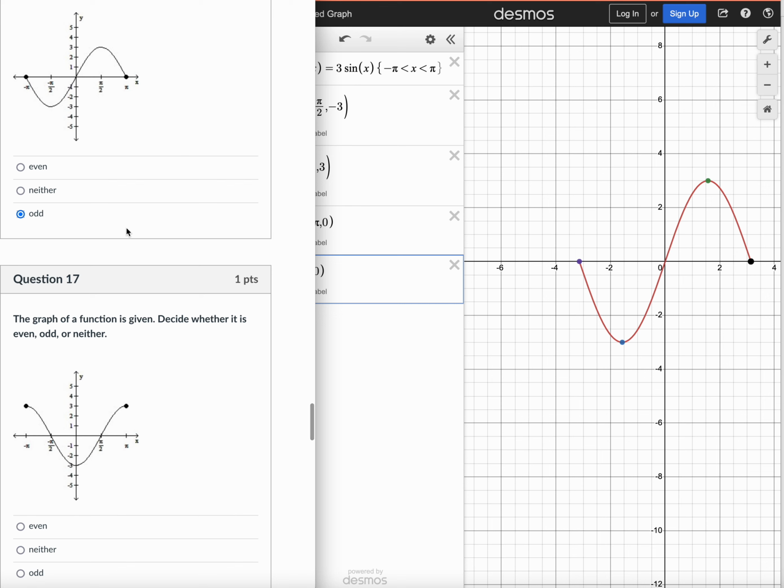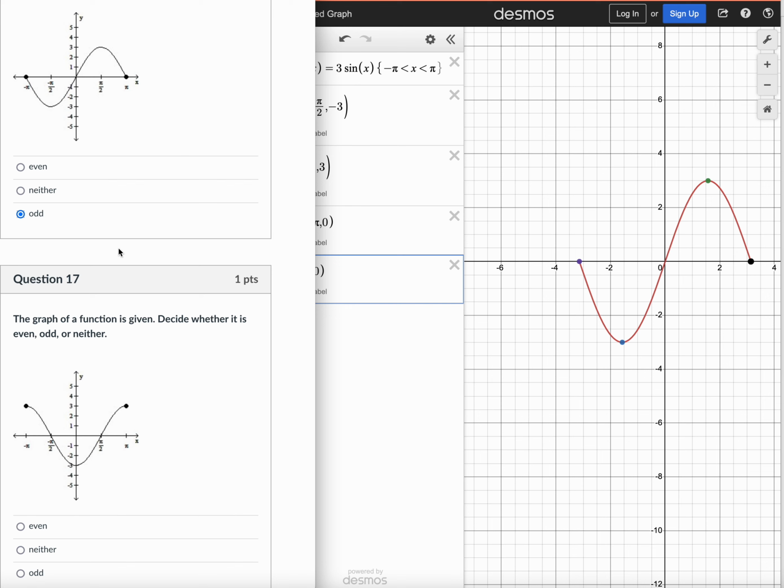You want to choose this answer. An odd function is symmetric with respect to the origin. That means when you rotate this function 180 degrees, this point goes here, this point goes here, and this point somewhere here will be somewhere here.